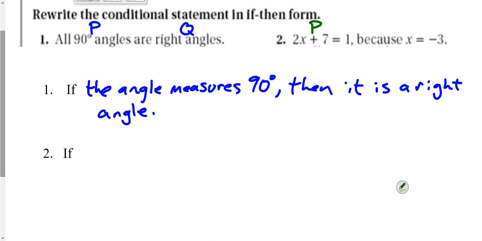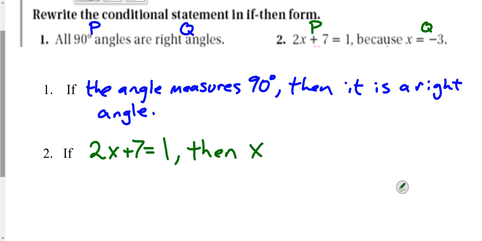And the conclusion is x equals -3. So we would say, if 2x plus 7 equals 1, then x equals -3. That would be our if-then statement for that.